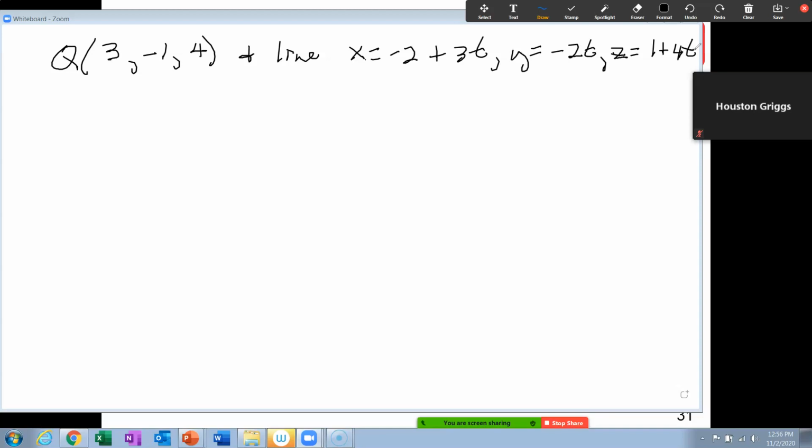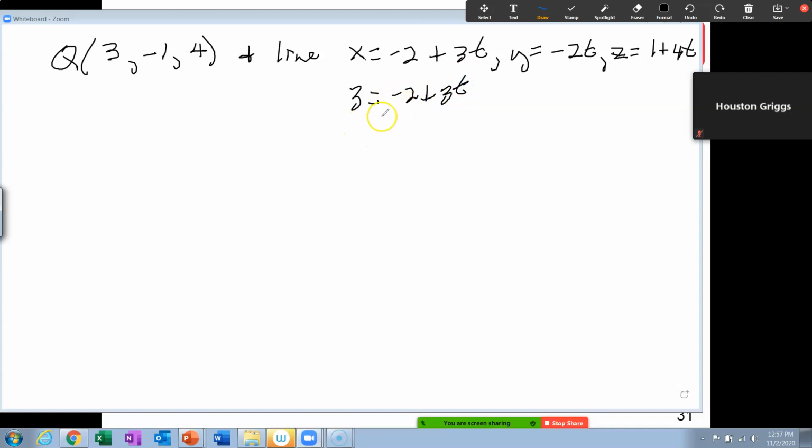I think the easiest way to do that would be to verify that, let me just see here before I get carried away. If 3 is equal to -2 plus 3t, let's write that down, 3 equals -2 plus 3t.